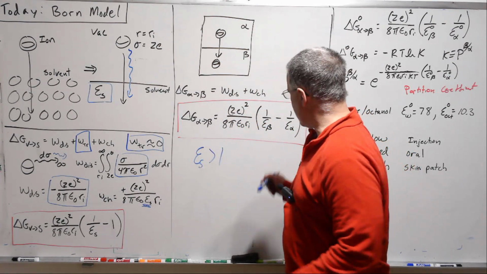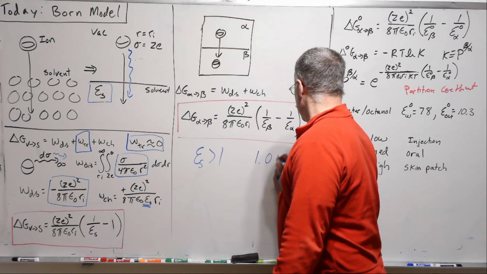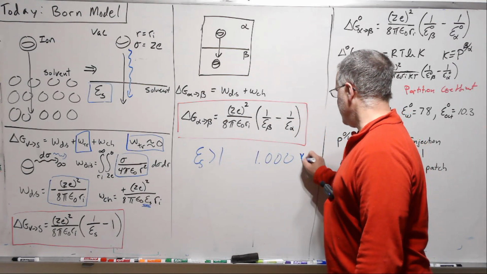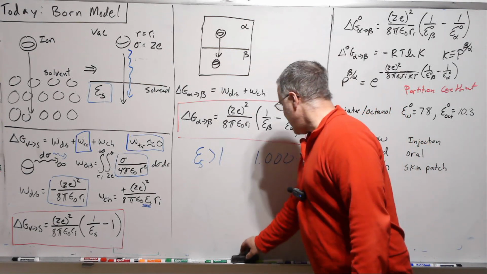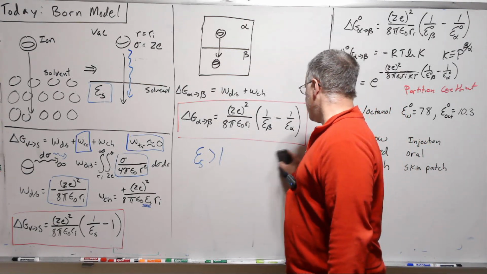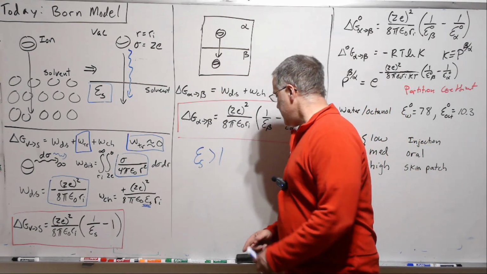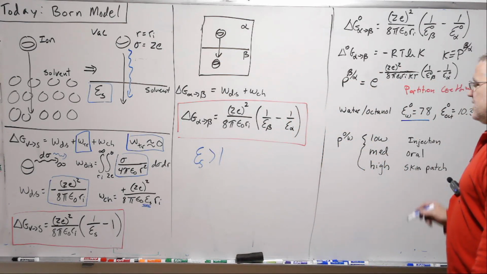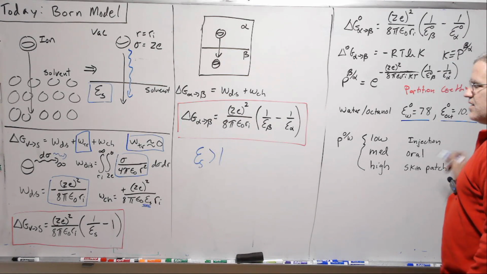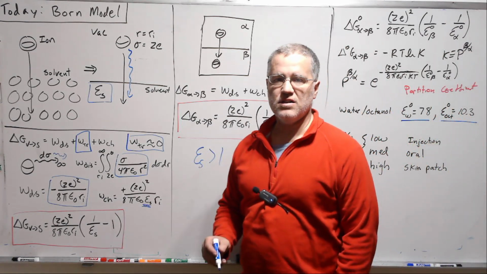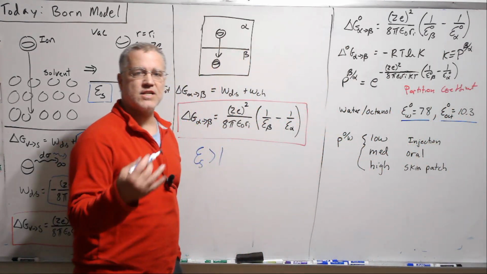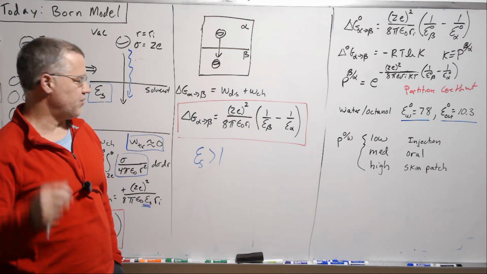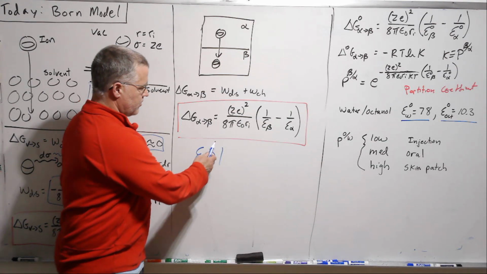I think the dielectric constant is something like several zeros here, maybe 3, 4 zeros, and then some numbers here. So the dielectric constant of air is essentially 1. But the dielectric constant of water, for example, is 78. The dielectric constant of octanol is 10. Dielectric constant of oil is about 2 or 3.